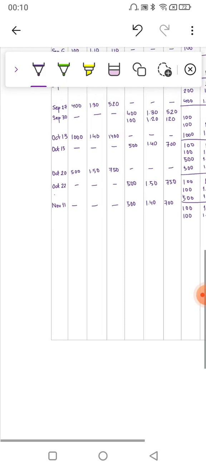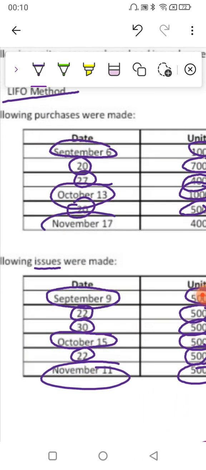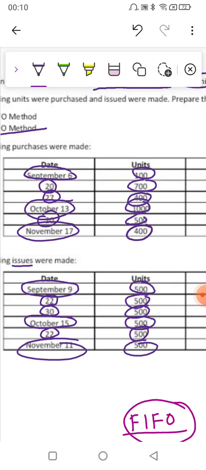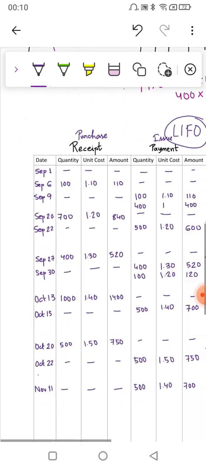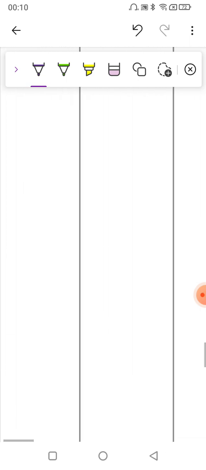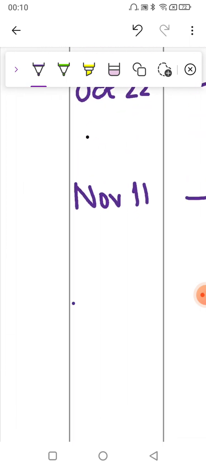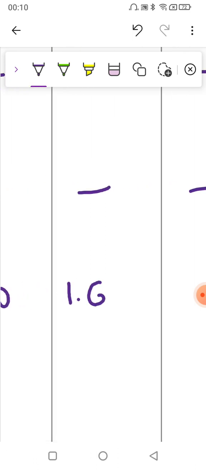Now we will move to the next date that we have, the last one, that is November 17. November 17, you see 400 units were purchased for 1.60. So let's record it. November 17. On November 17, 400 units were purchased for 1.60.